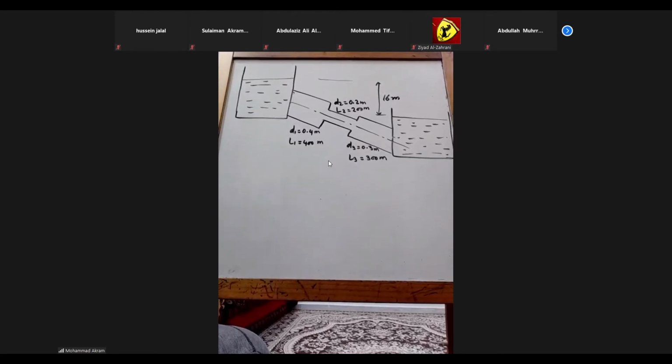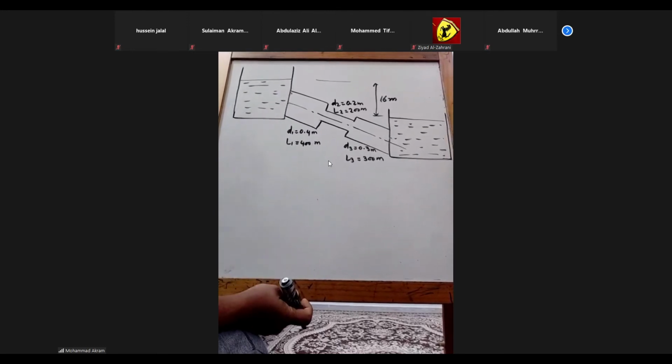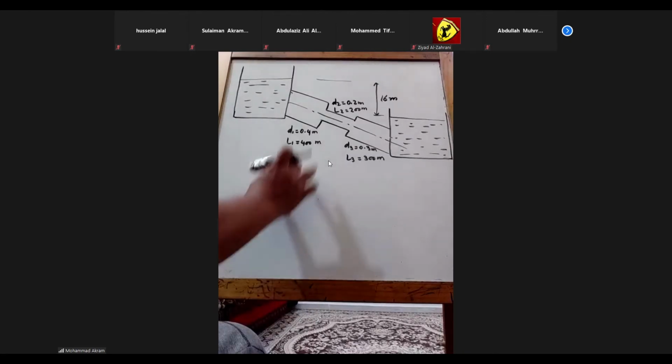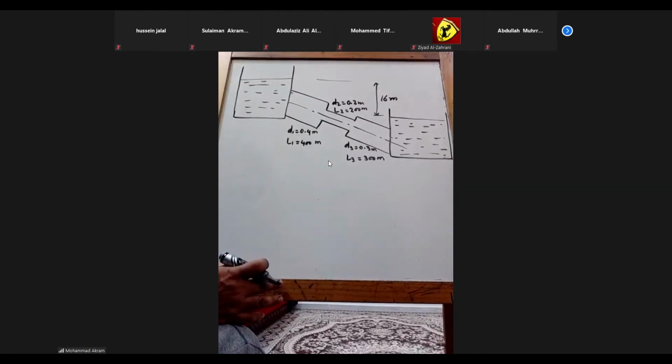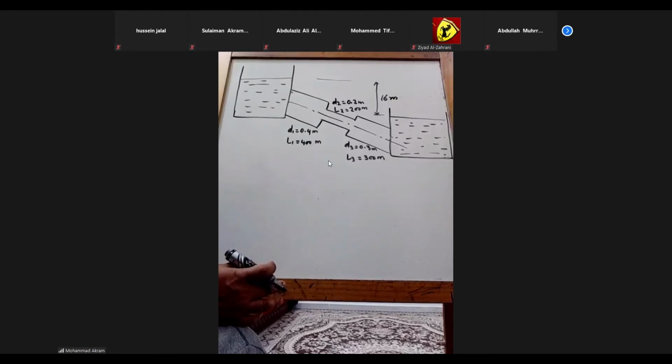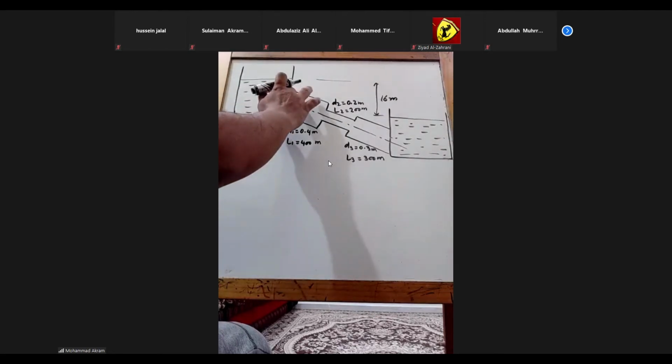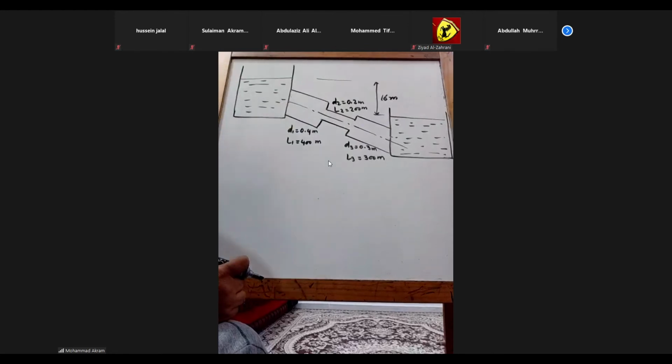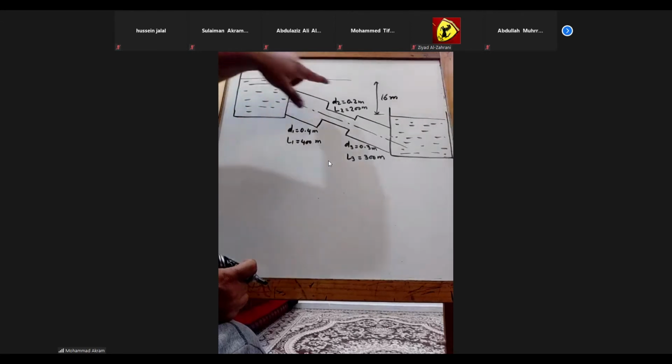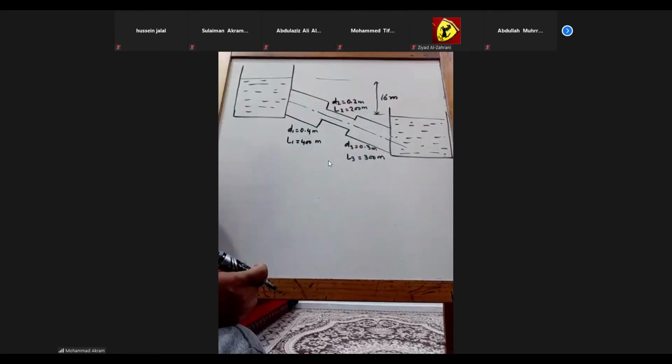Okay, can you see the figure on the board? You can have the horizontal pipe as well, no problem. But you need to draw it as horizontal, but without the last tank, because it is written there that the difference between the tanks is 16. Ah, okay, so I just missed the last tank. No problem. If you have not drawn the tanks, then how will you show this 16 meter, the level difference?